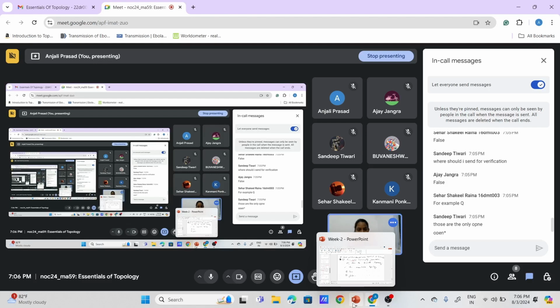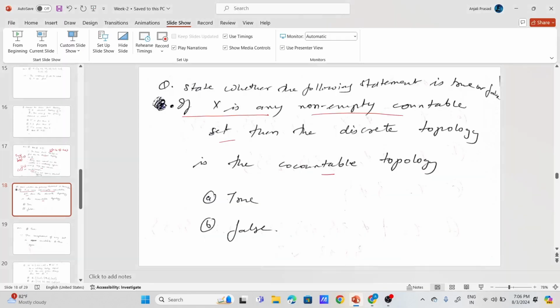Everyone, others, what do you say about this question? Is the statement true or false? I will read the statement again, since the handwriting may not be comfortable for you. If X is any non-empty countable set, then the discrete topology is the co-countable topology. Okay, so you have any non-empty set X that is countable.